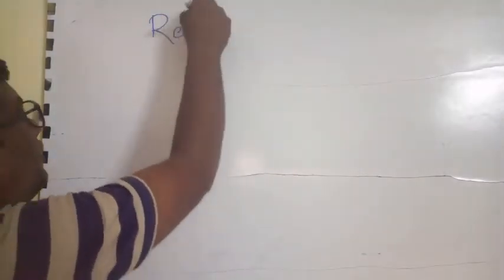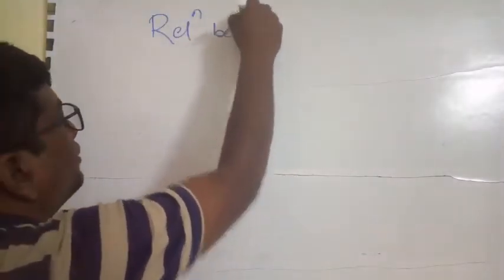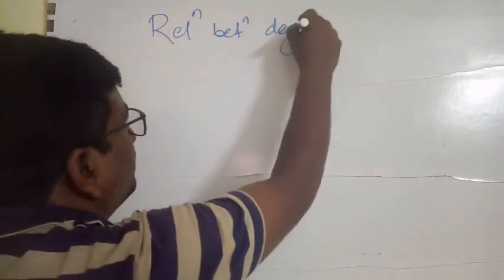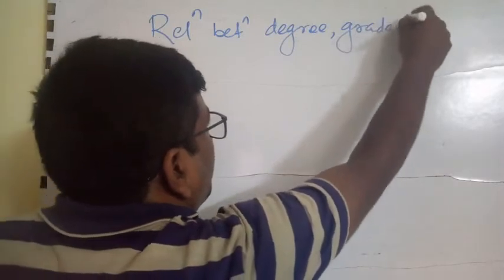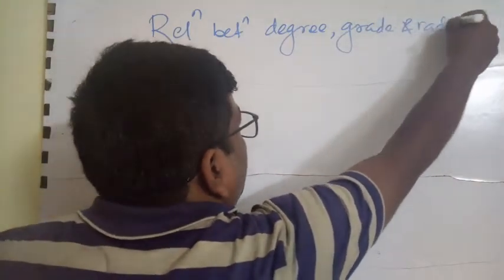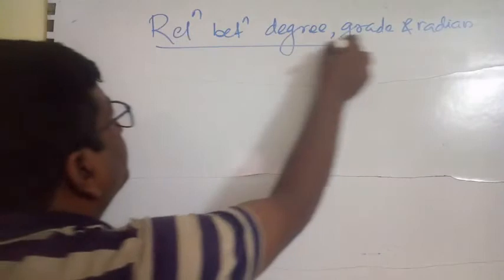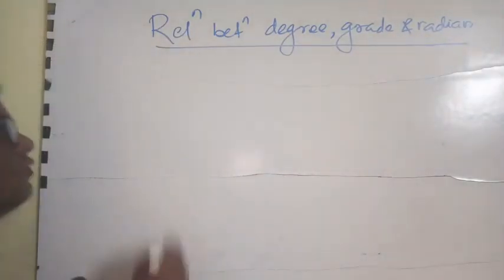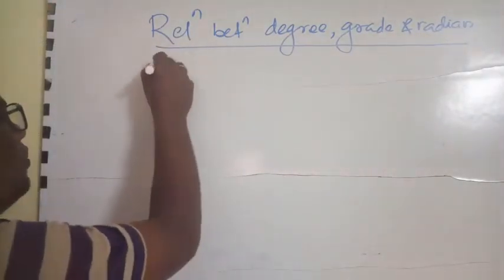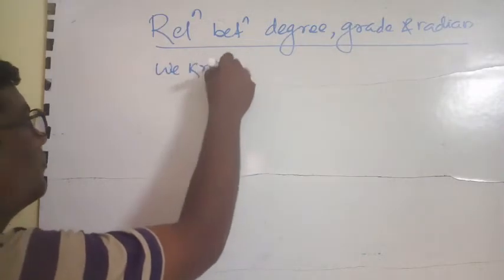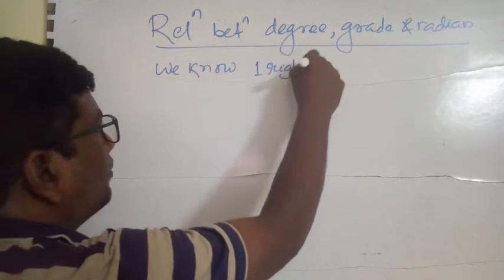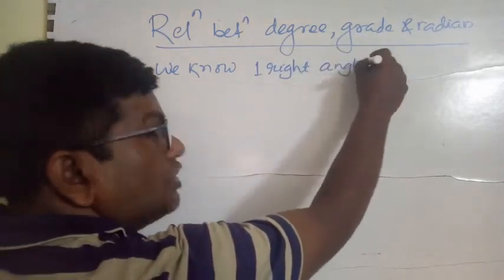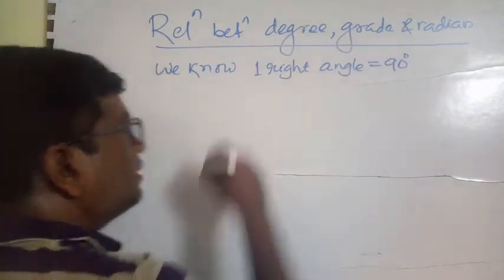A relation between degree, grade and radian. We know one right angle is equal to 90 degree.